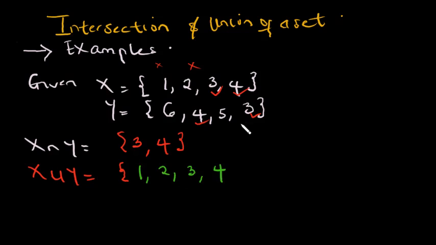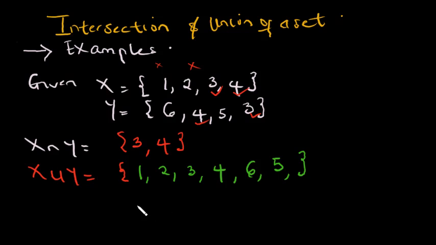Then go to the next set and find out if there's any element there that is missing in what you've written out. So we have 6. Yes, 6 is not yet here. We write it out. 4 has already been written. There is no repetition in set theory. 5, no. So we write it out. 3, yes, we've written it already. So our set x union y will be 1, 2, 3, 4, 6, and 5.